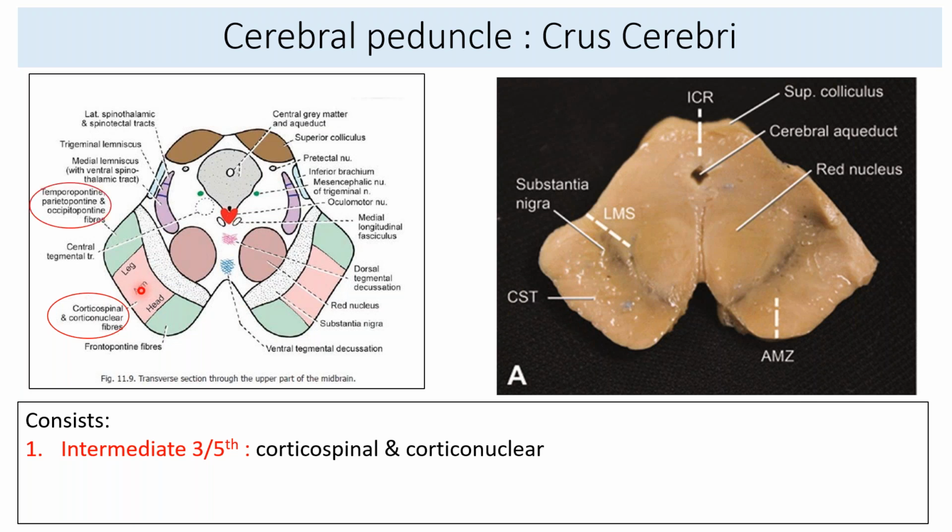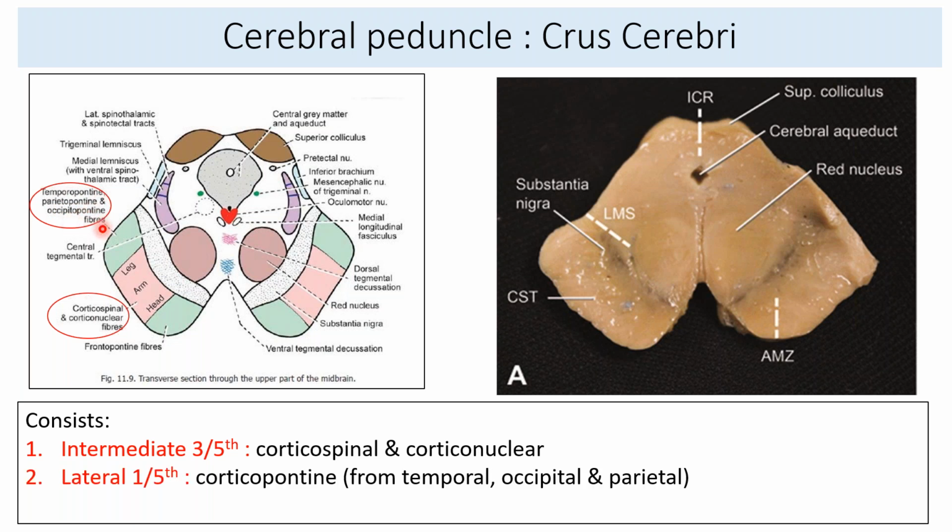What about the lateral area? The lateral 1/5 area is occupied by the fibers arising from the temporal lobe, parietal lobe, and occipital lobe of the brain, which reach the pons. They are the corticopontine fibers from the temporal, occipital, and parietal lobes, named temporopontine, occipitopontine, and parietopontine fibers.